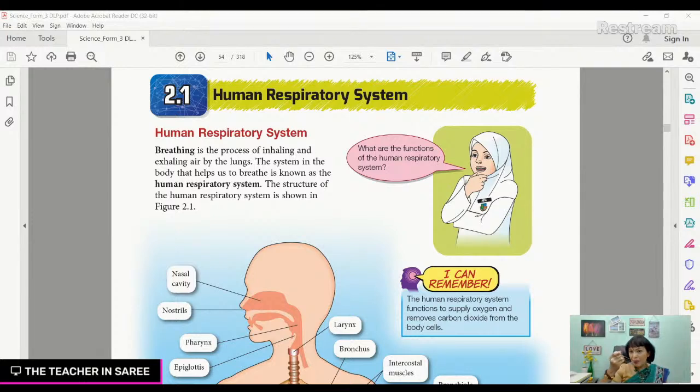See who can guess. Razin, what is the byproduct of our respiration? So Razin, are you still there? Carbon dioxide. Fantastic. So the respiratory system is also responsible to get rid of this carbon dioxide.